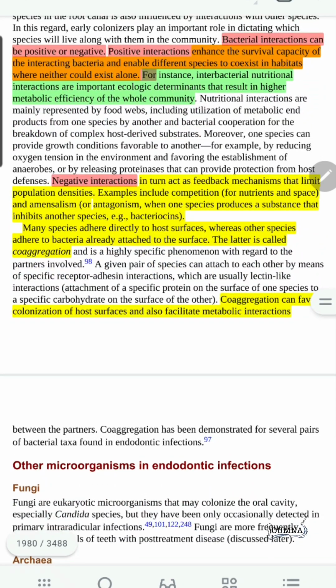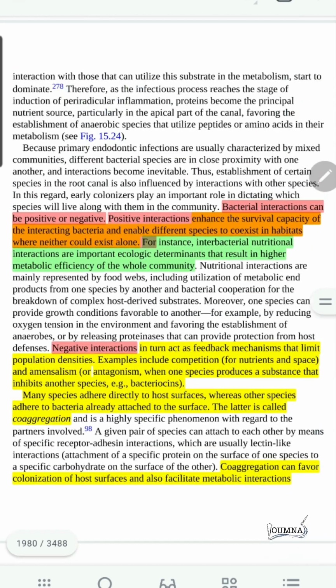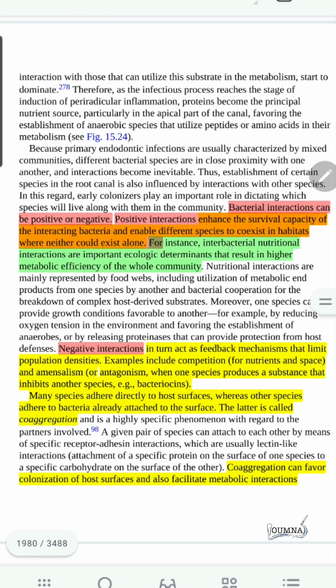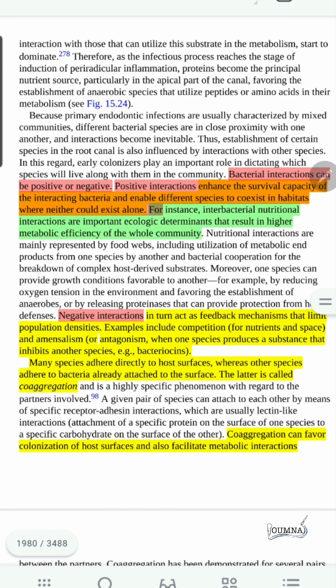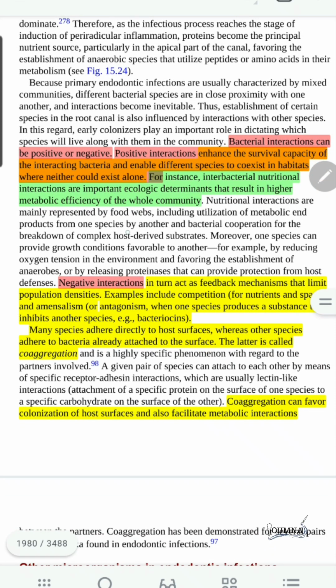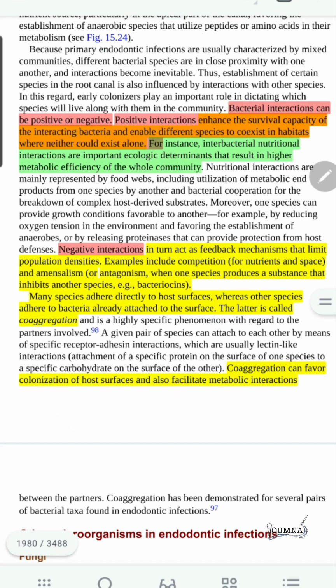Bacteria can react regarding nutrition in two ways: they can be positive or negative. Positive interactions mean that they share the nutrition between each species, and this makes the community larger and more effective.